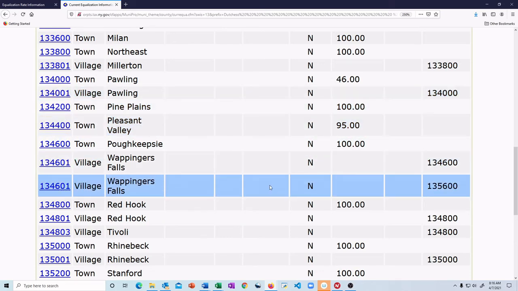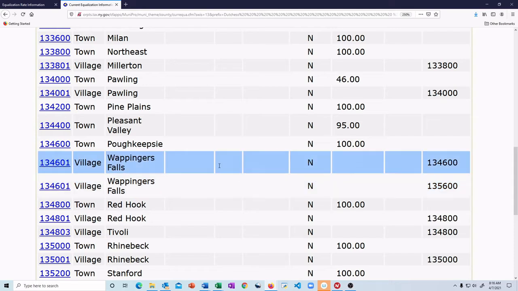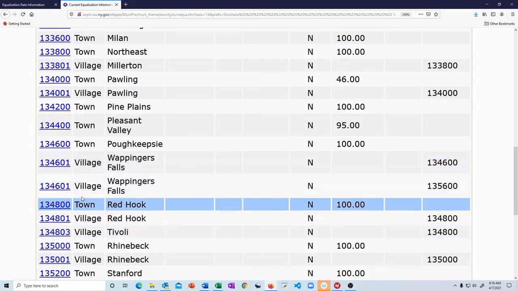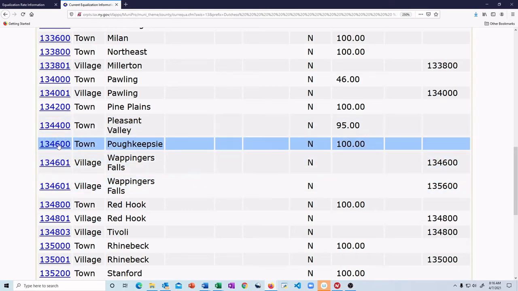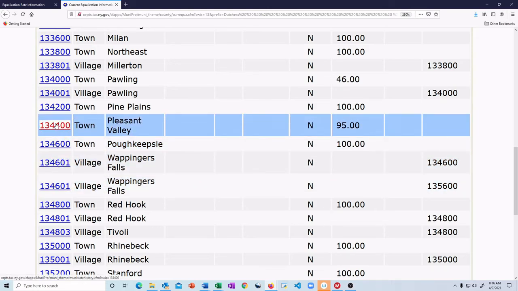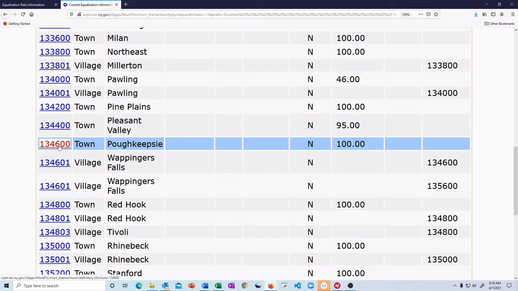The one thing I'll add here is that you'll notice some of these are blank. That's because some of these breakdowns of towns, villages, cities share the same assessment level. I know it's a little tricky to see, but if you pay attention to these numbers, you'll notice that Pleasant Valley is 134400, then it jumps to 134600.